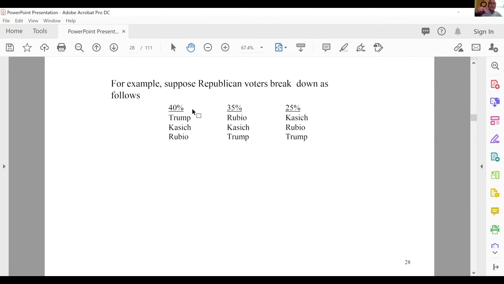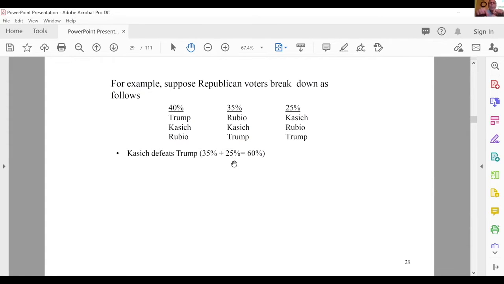They put Trump first, and then Kasich, and then Rubio. 35% were Rubio supporters. 25% were Kasich supporters. Now, under our current system, you see Trump wins because he has 40% of the support, but actually Kasich is the majority winner.